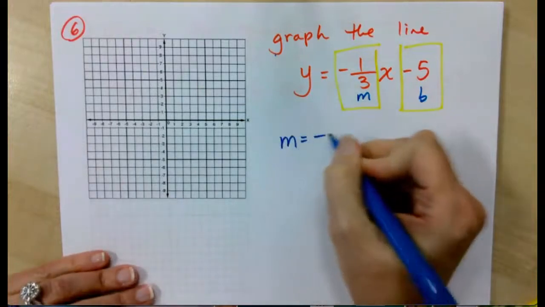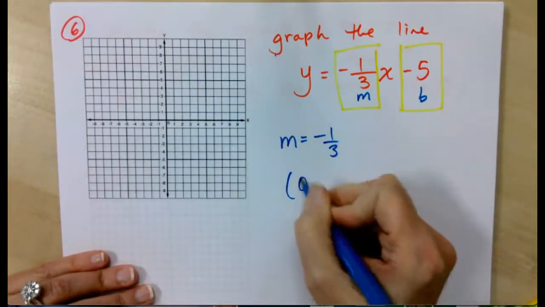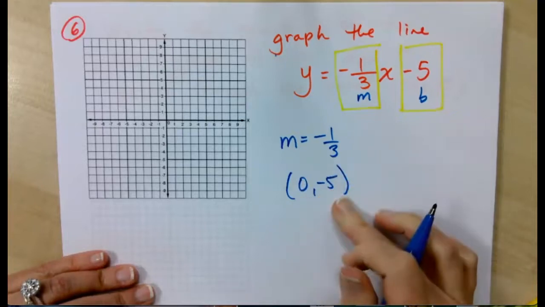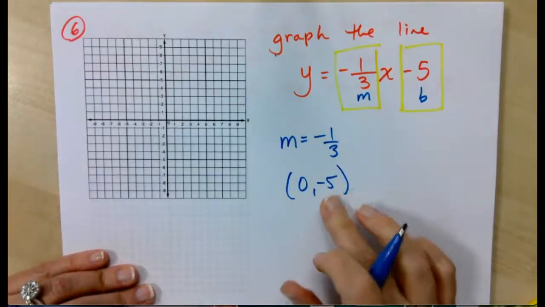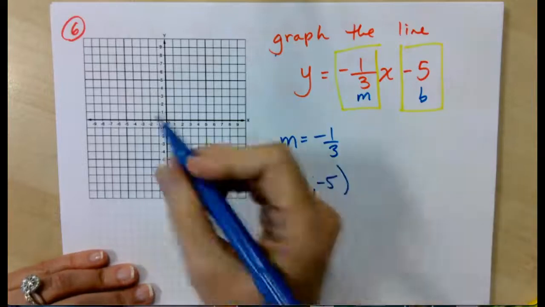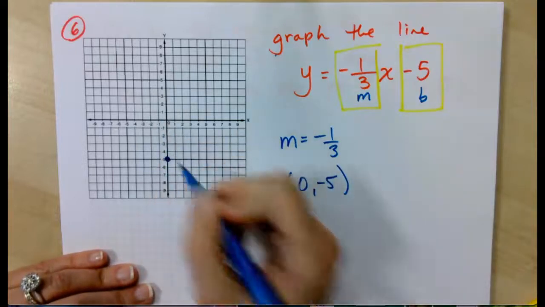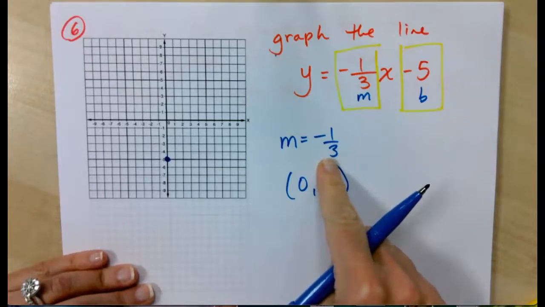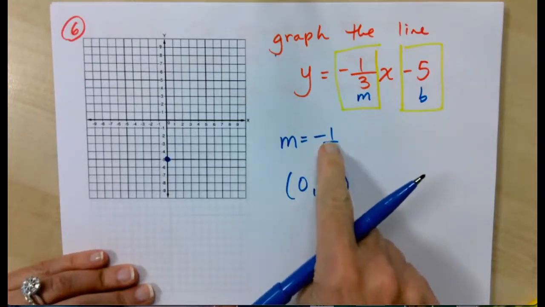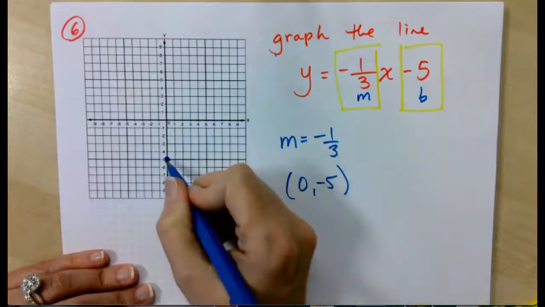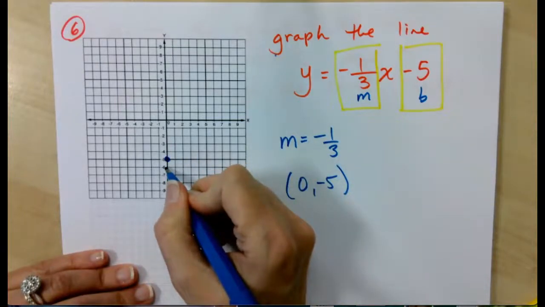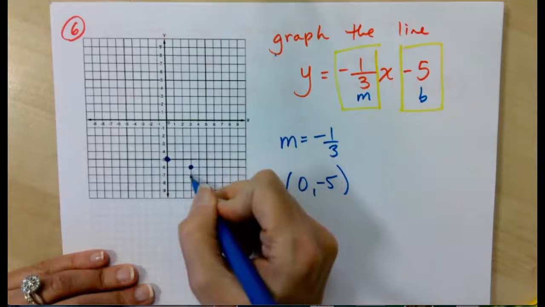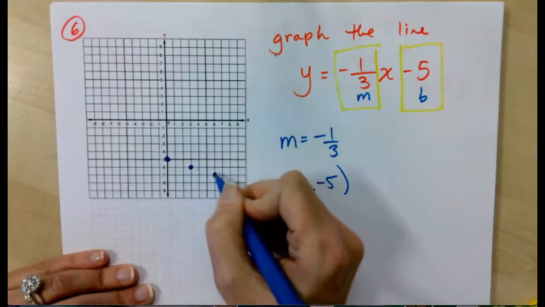So let's start by graphing this point over 0, down 5, and then use the slope to graph subsequent points. Since it says negative 1/3, we're going to be going down 1, forward 3, down 1, forward 3, down 1, forward 3.